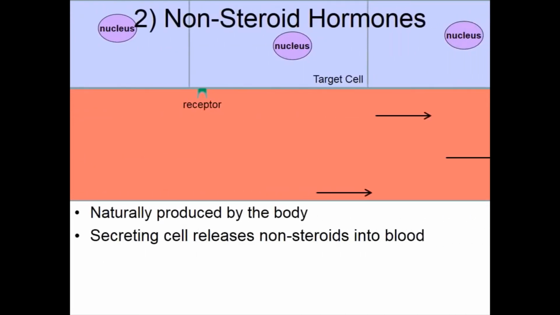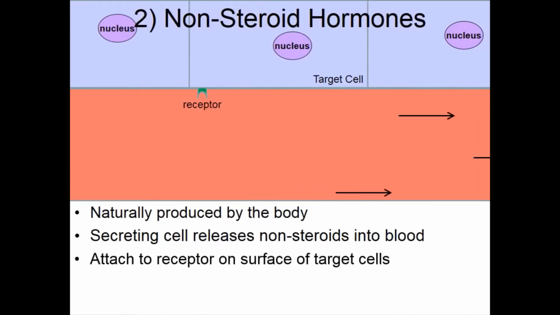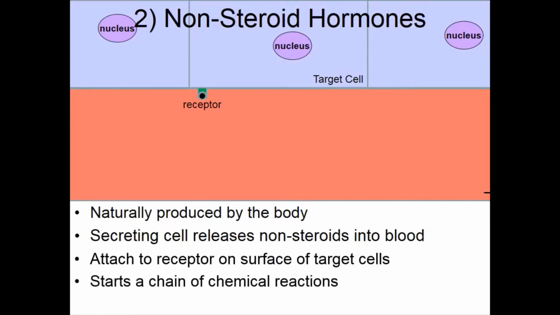So when we follow the non-steroid hormone, we're going to see in a moment that it's going to attach to a receptor on the surface of the target cell, and here it comes. So the non-steroid hormone has attached to a receptor on the surface of the target cell. The non-steroid hormone never actually does enter the cell. What the non-steroid hormone does is that it initiates a series of chemical reactions.